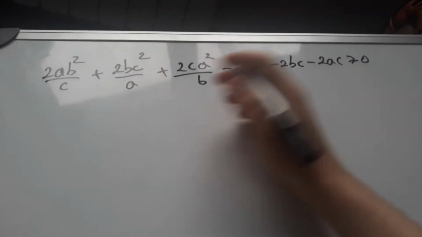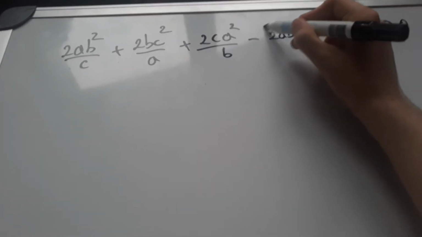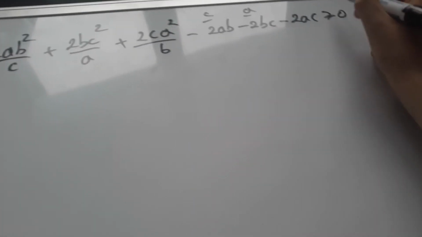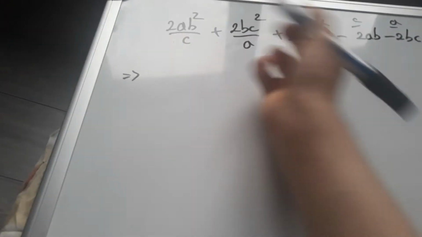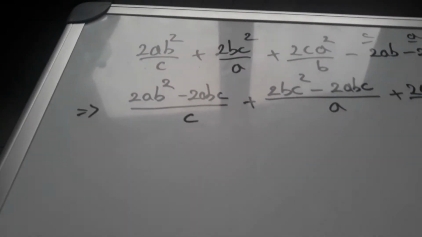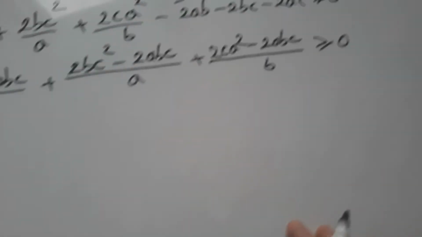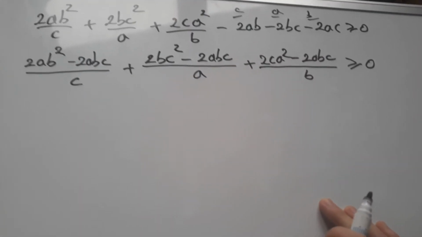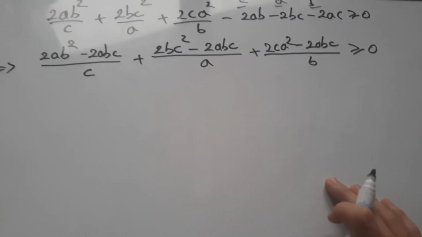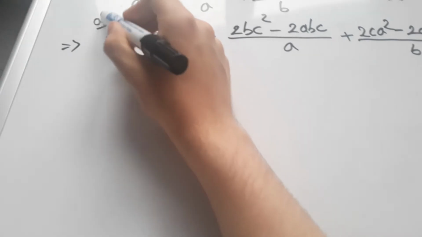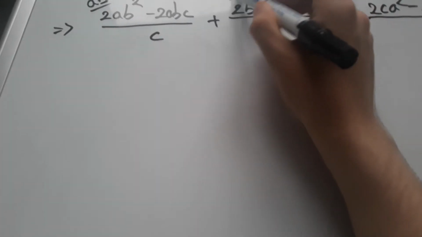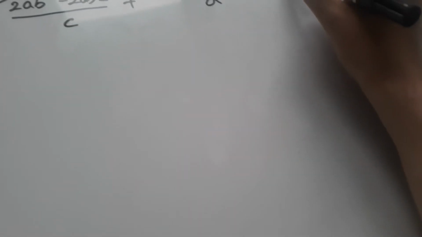Because we want to have the same denominator, we will amplify here with c, a, and here with b. And we have that (2ab² minus 2abc) over c plus (2bc² minus 2abc) over a plus (2ca² minus 2abc) over b is greater than or equal to 0. Here we will amplify with ab, here with cb, and here with ac.